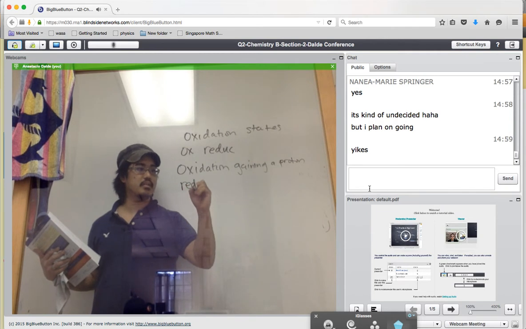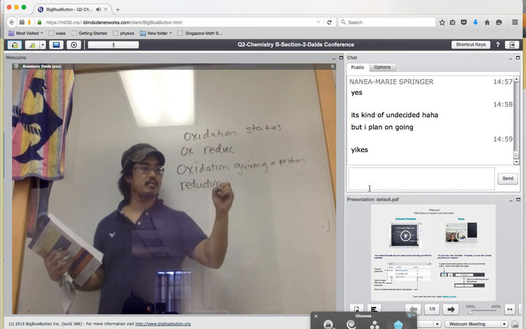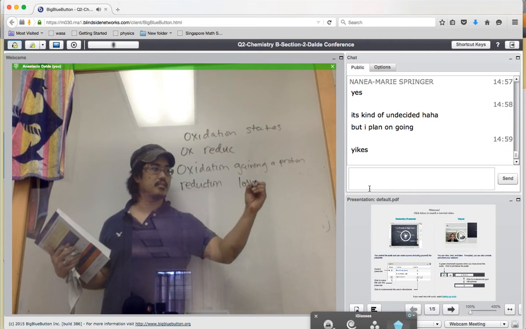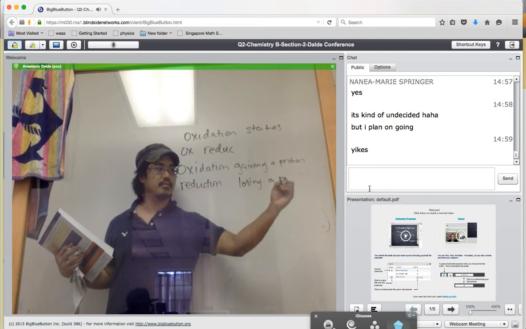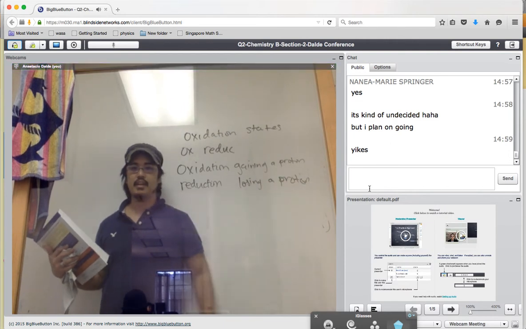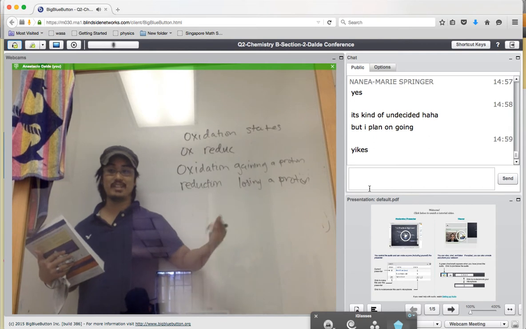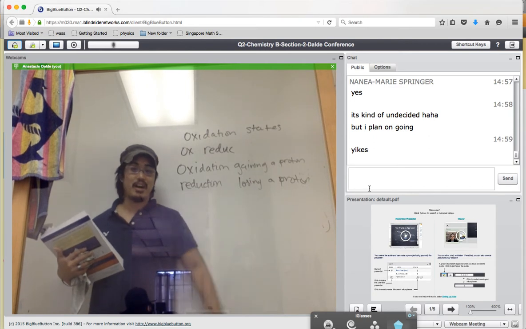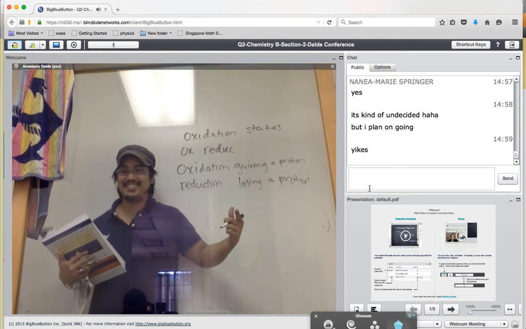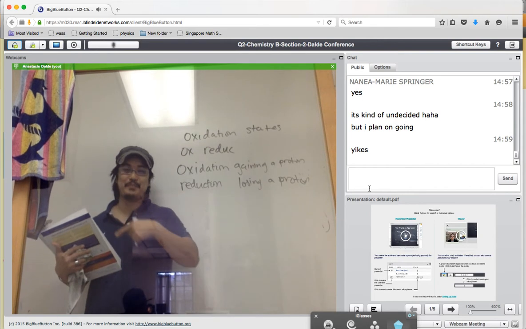Reduction is losing a proton. How do I remember this? What is the clever way I use to remember this? Obviously, I don't. Because if I did, I wouldn't have to look it up.